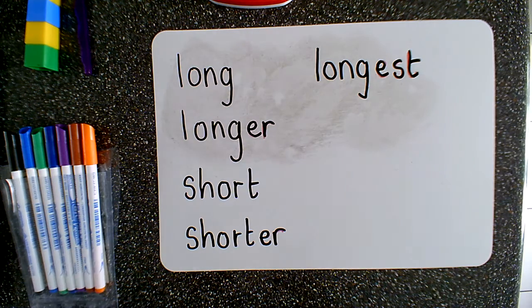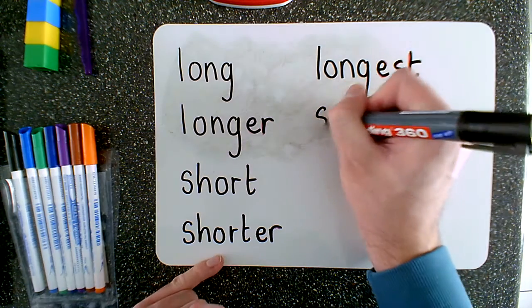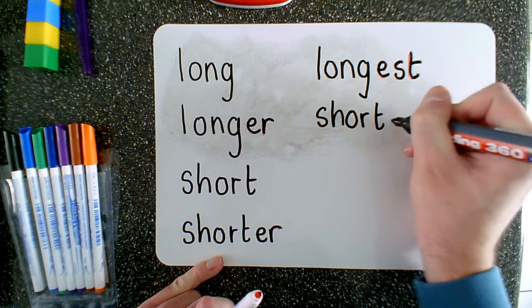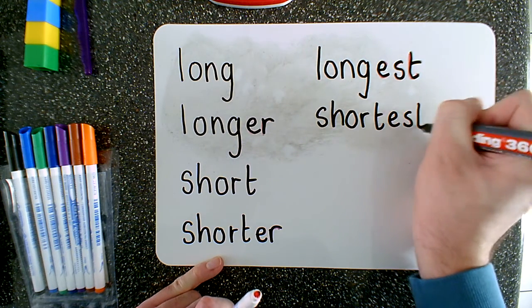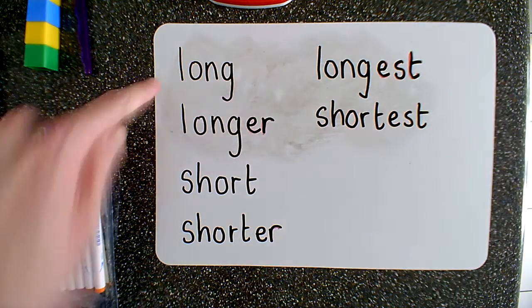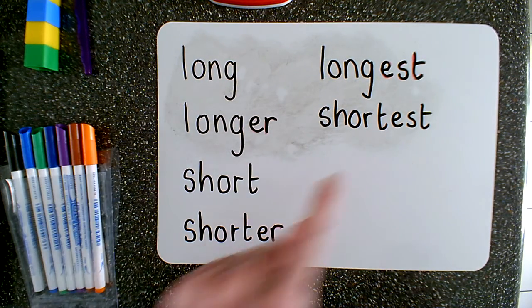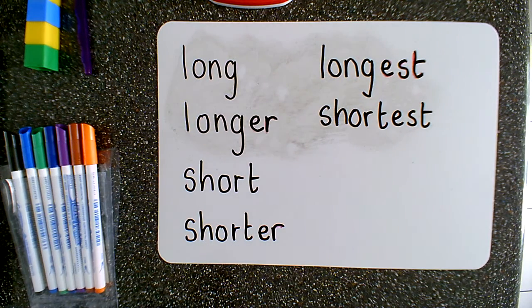The longest one. And of course we can have shortest as well, okay? Can you say that? Very good. Okay, so we've got long, longer, longest, short, shorter, shortest. That's if we're talking about length, okay?